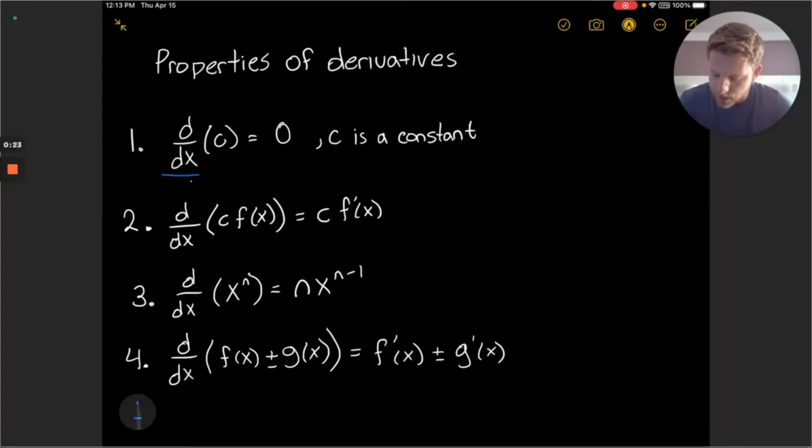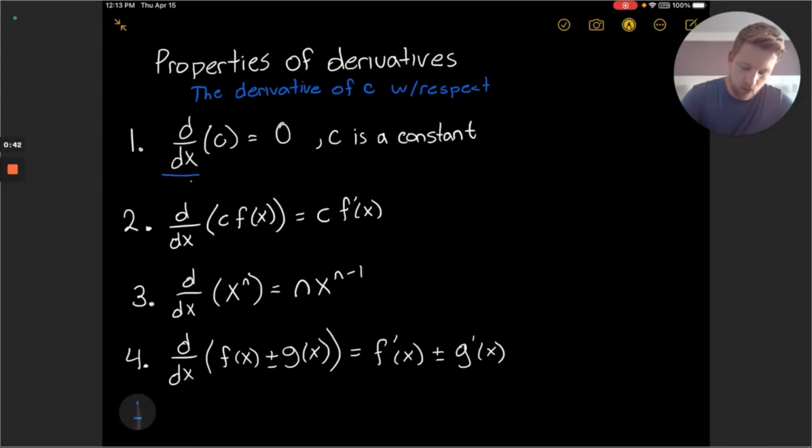This is stated the derivative of here c with respect to x. That's the variable of differentiation. This, if c is a constant, is just going to be 0. The derivative with respect to any constant is equal to 0.